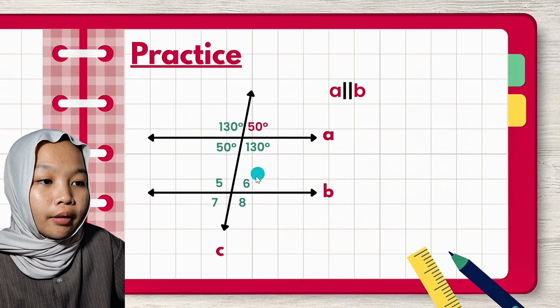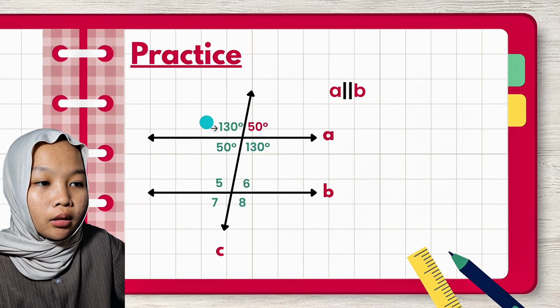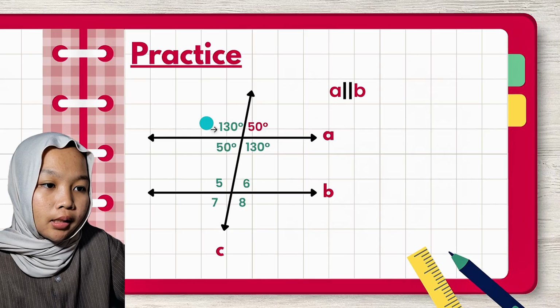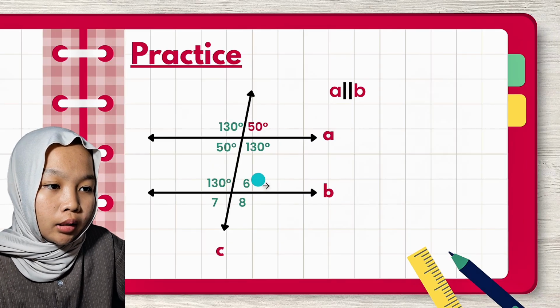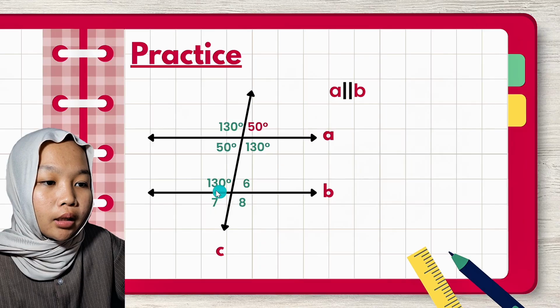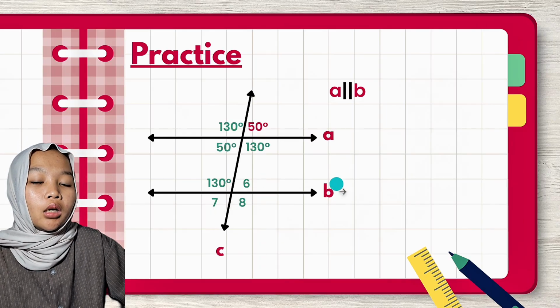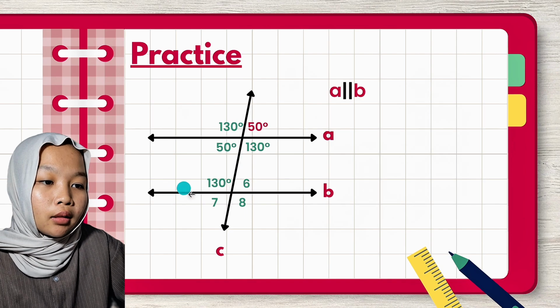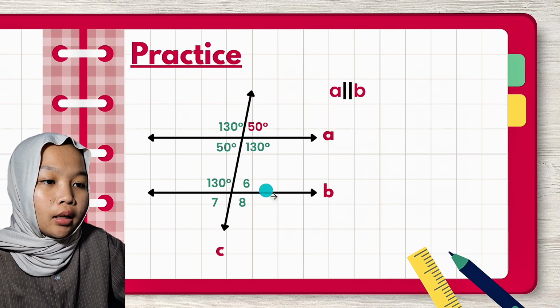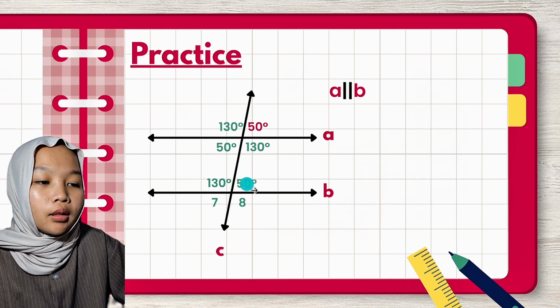For angle 5, we know that angle 5 is corresponding with this 130 degrees angle. So then we change it. Then we know that 6 is supplementary with this. So it means 180 degrees minus 130 degrees equals 50 degrees.